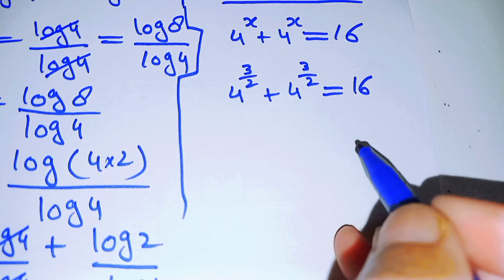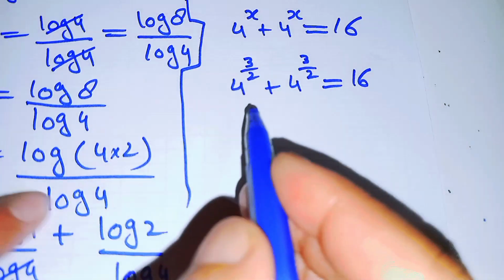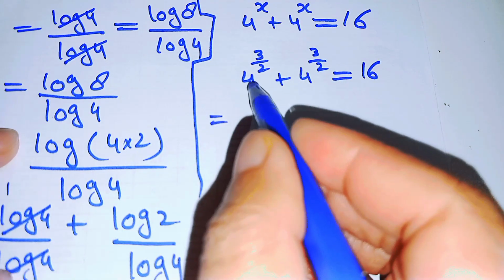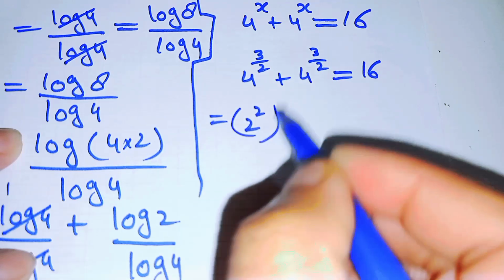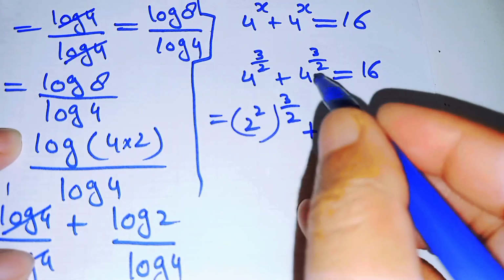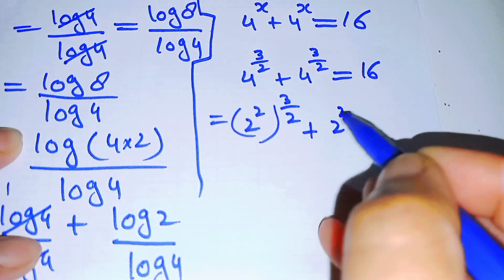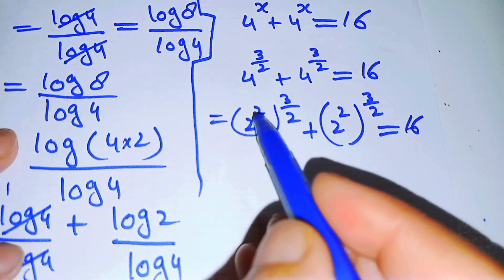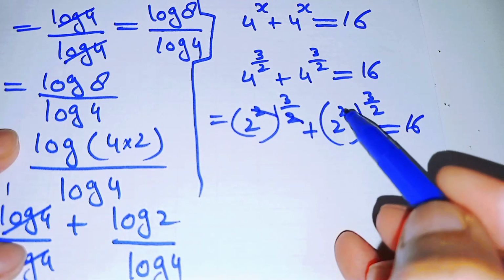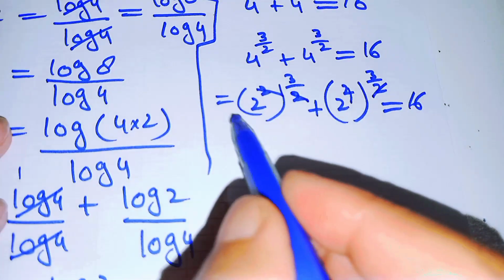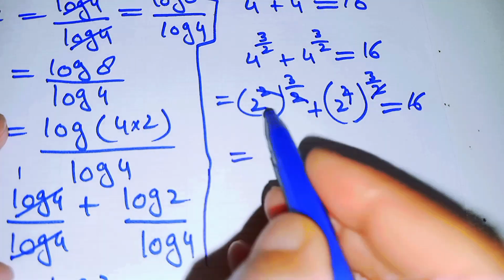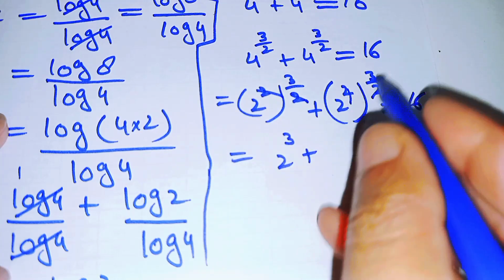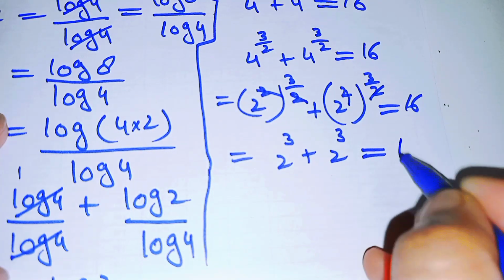Here 4 is 2 squared, to the power of 3 over 2, plus 4 written as 2 squared, to the power of 3 over 2, is equal to 16.